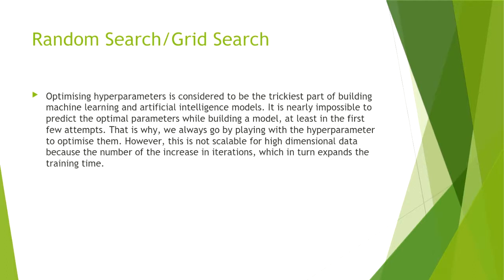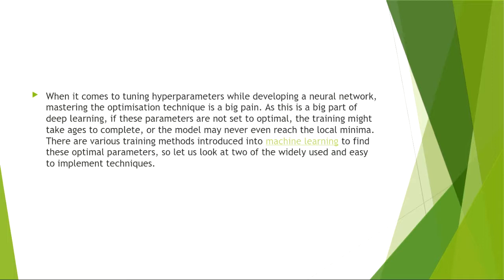So when we have a large amount of data, it becomes very difficult to optimize our parameters and decide what strategies to follow during optimization. That's why we are talking about random search and grid search. I have written everything in the slides also, so if you are not able to hear my voice, you can still look into the PPTs.